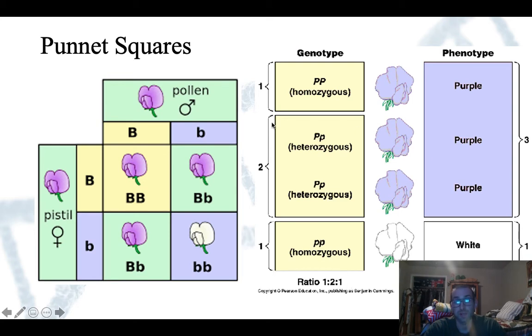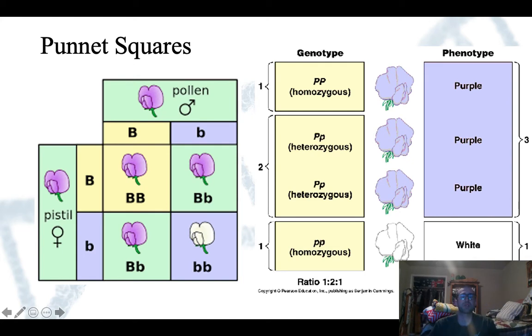And now if they follow normal dominant and recessive, your phenotype, what we actually see, should be a ratio of 3 to 1. Right? Because these heterozygotes are going to have the same phenotype as the homozygous dominant here. So you should see 3 purple flowers for every 1 white flower. Right?